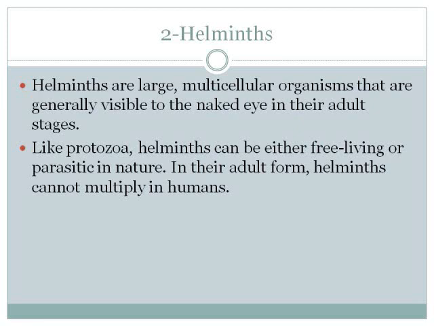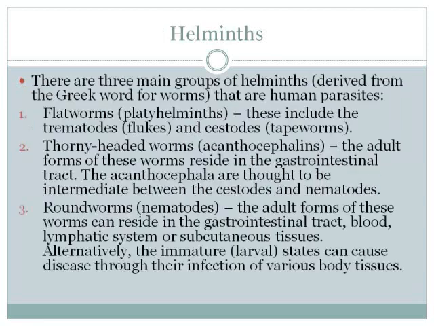Okay, again, as far as their classification is concerned, they are human parasites. We usually classify them into three major forms. Number one, flatworms, and these include flukes and tapeworms. There are pictures available in your book. I didn't put them in this lecture, but you can see they are flat.